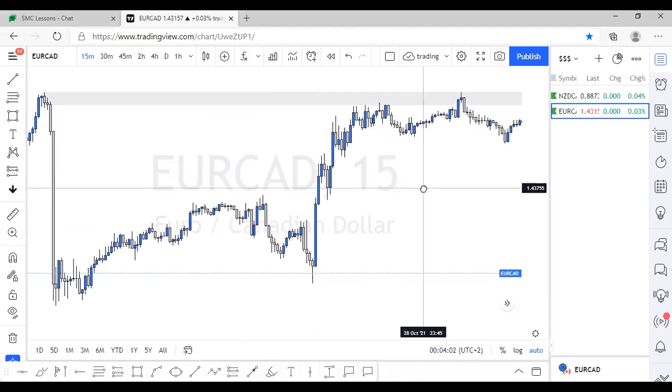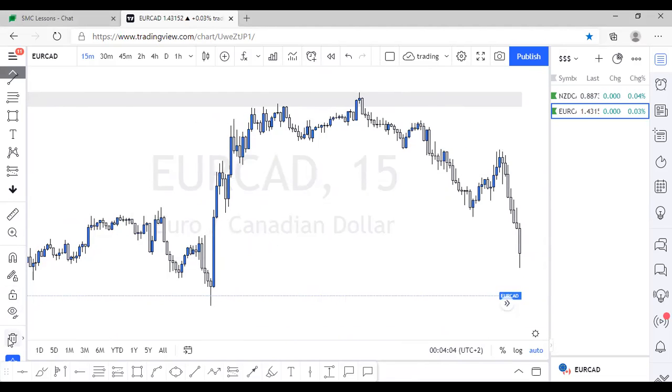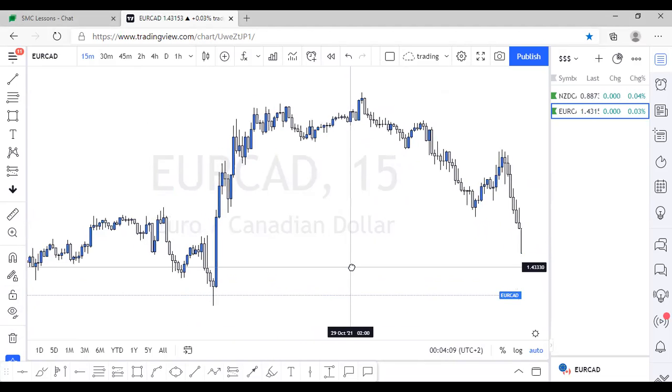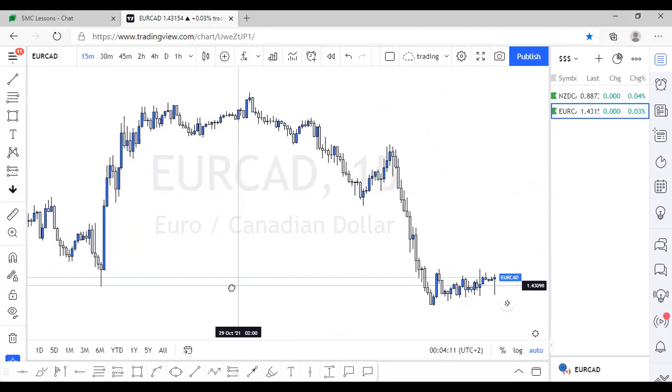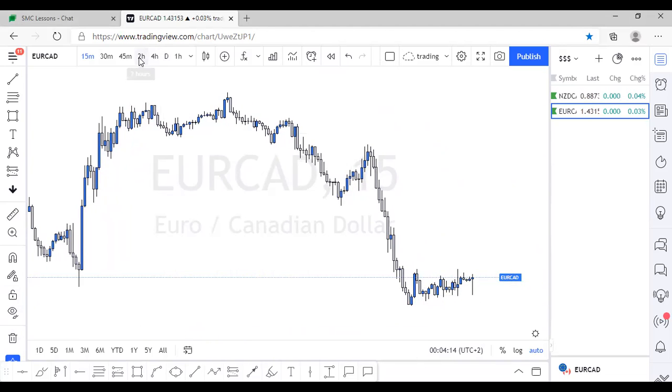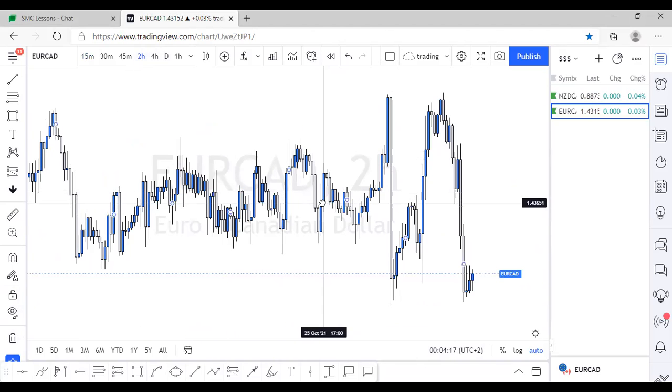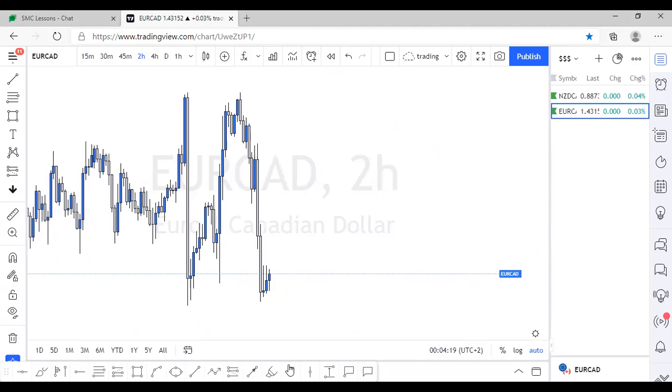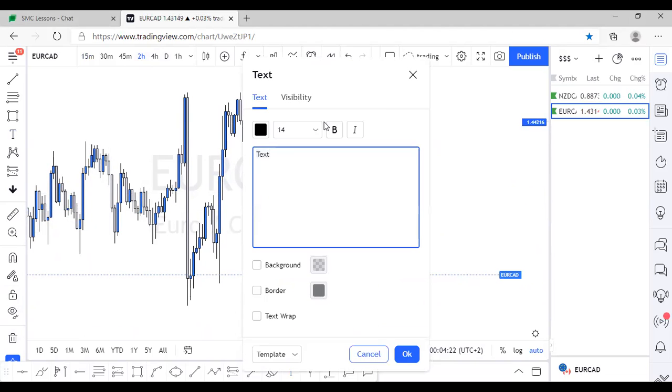So yeah guys, this is the second video on order blocks and then order block refinement. This is how the video is going to go. Let me just type out here: order block 2.0, and actually it's refinement.